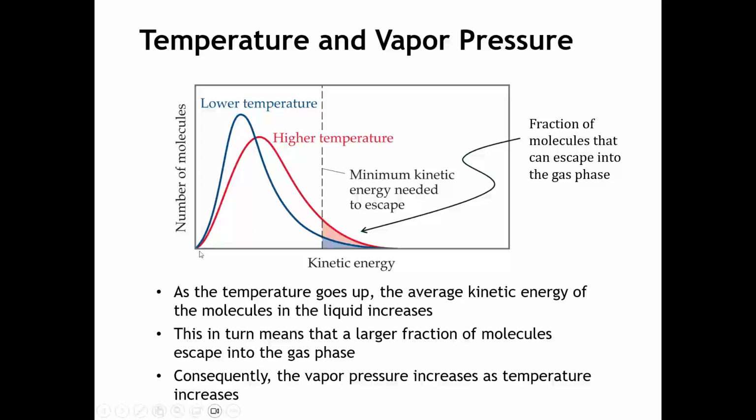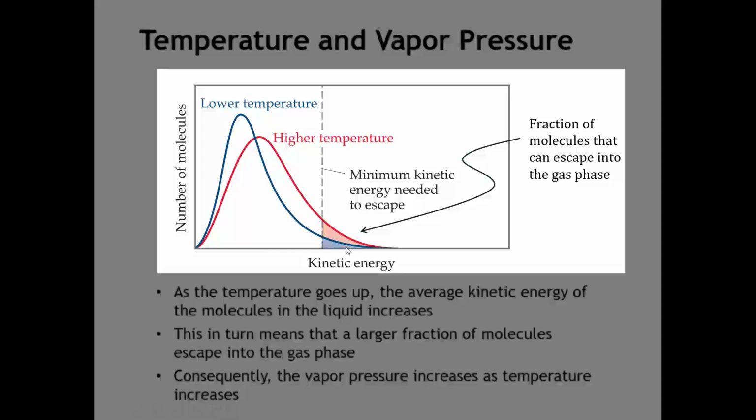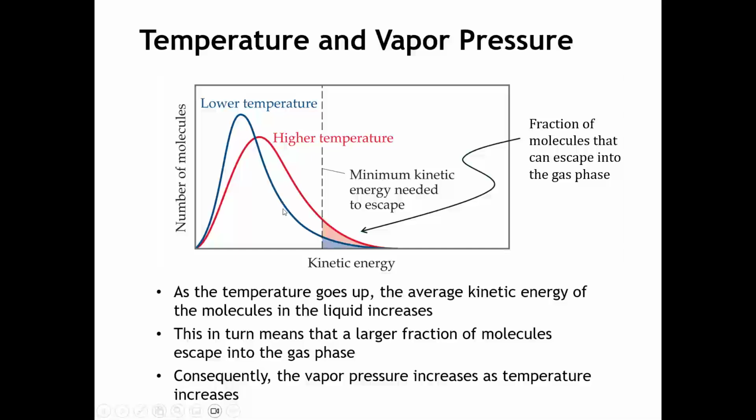In Chapter 10, we learned that you have a certain distribution of speeds for any given substance at a given temperature. This is for a gas, but we could also apply this same concept to a liquid. At the same time, we might imagine that we have an intermolecular force that's holding the molecules together.